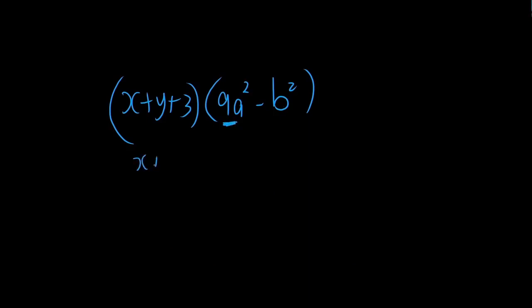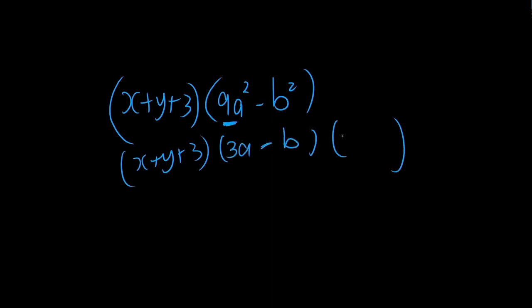So therefore I can factorize that second bracket further by saying square root of the first term minus square root of the second term times by square root of the first term plus the square root of the second term. The square root of 9a squared is 3a, square root of 9 is 3, square root of a squared is a, the square root of b squared is simply b.